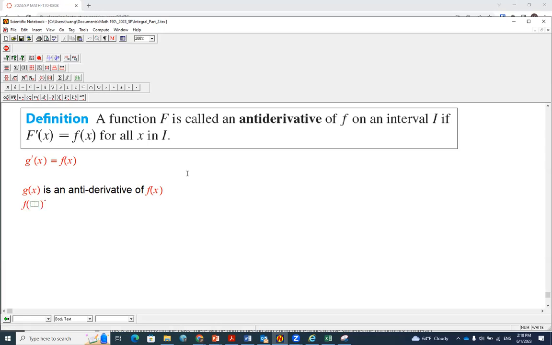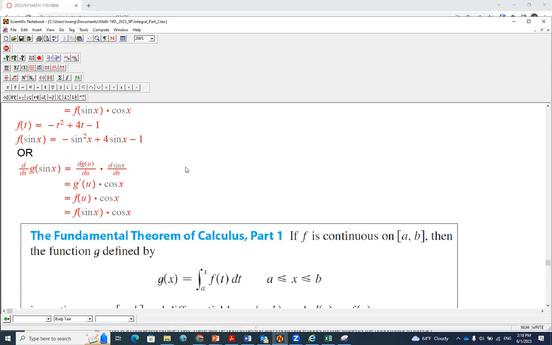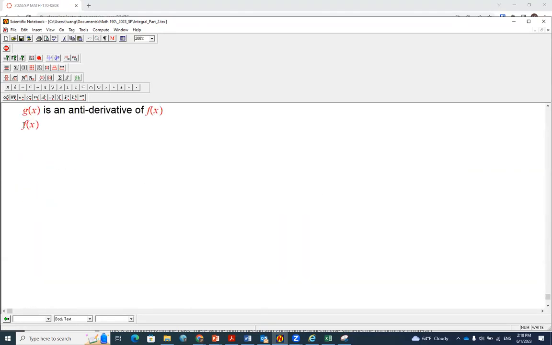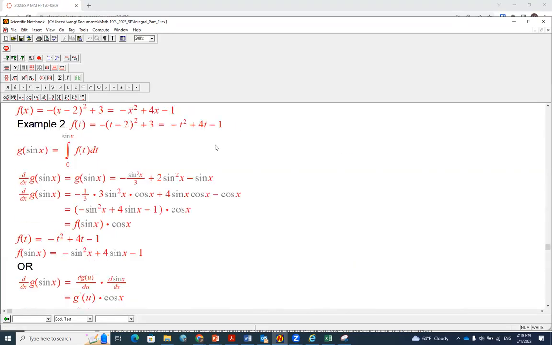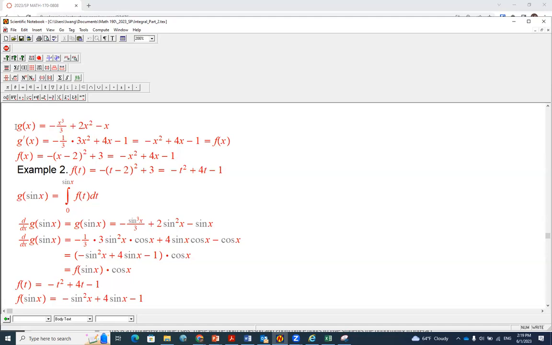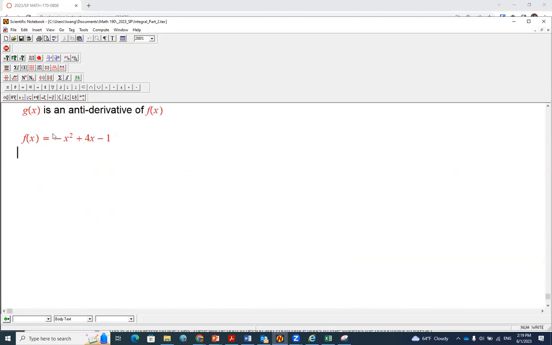I'm going to use f of x, it doesn't make any difference, because if you replace t by x, this is f of x, and we have even found the antiderivative. G of x was found, and we have verified G of x is such.